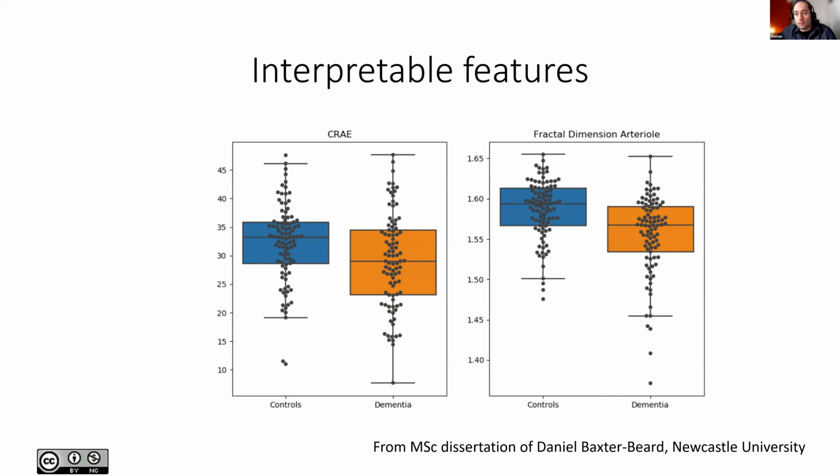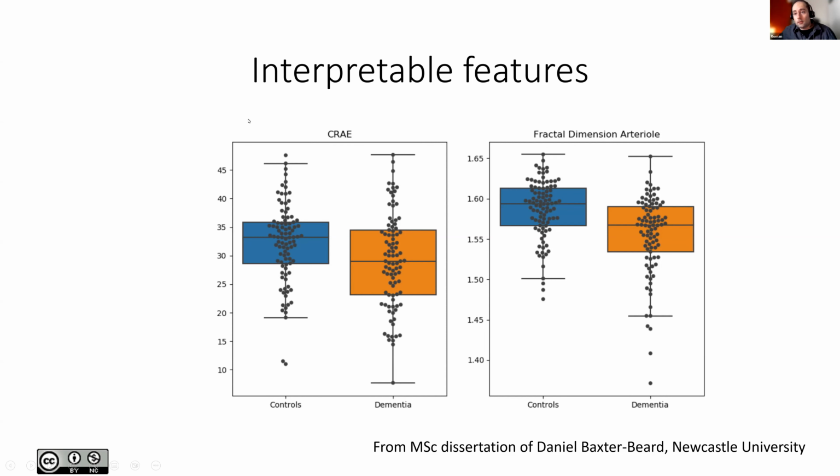One nice aspect of this kind of approach is also that one can extract features directly from the image. So one can then interpret those features, and I will not go into detail into those features here because that would take more time than I have.